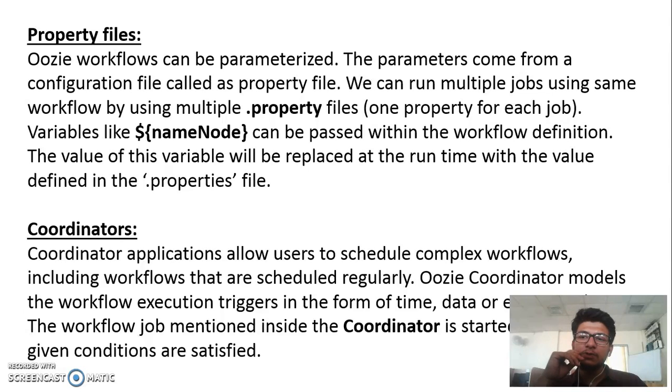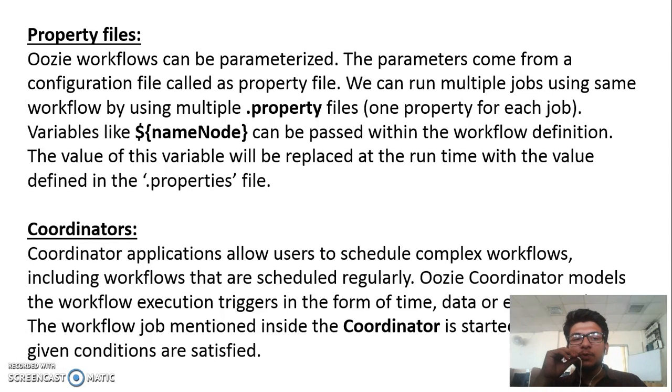We can run multiple jobs using the same workflow using multiple .property files, so that we can specify only one workflow for multiple jobs by giving different parameters to it using the .property files. Now say for example, in a code we need to replace one particular term with a particular parameter.